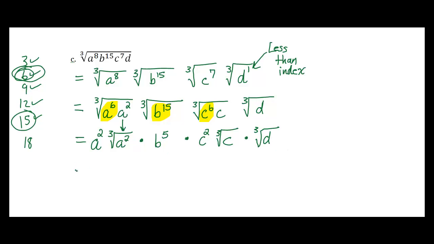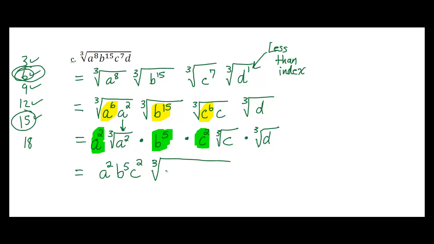All right. Now we have multiplication. That means the order does not matter. So everything that's on the outside of my radical being multiplied, I'm going to write them together on the outside. So I'm going to have an a squared b to the 5th times c squared. And instead of writing these as one radical, since these will all be representing real numbers, I can write them under one radical being multiplied together.